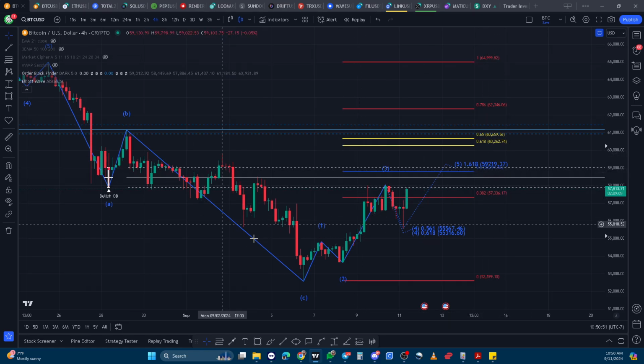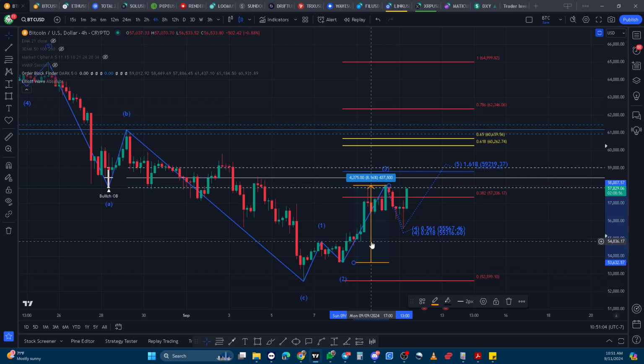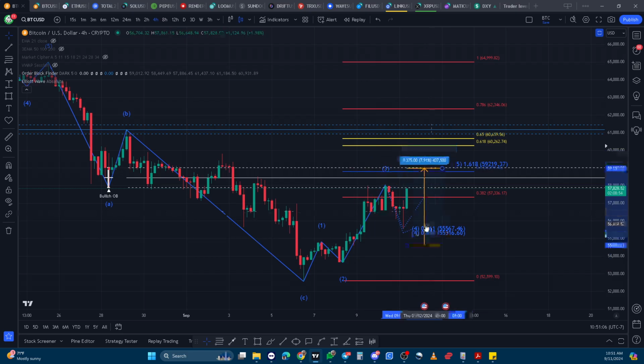But if this is the 70% marker, because if we take a measurement of wave 3 and we apply it to the end of wave 4 down here, you see the wave 4 brackets, it's the end of wave 4, apply that to the start of wave 5, that takes us damn near 60K.